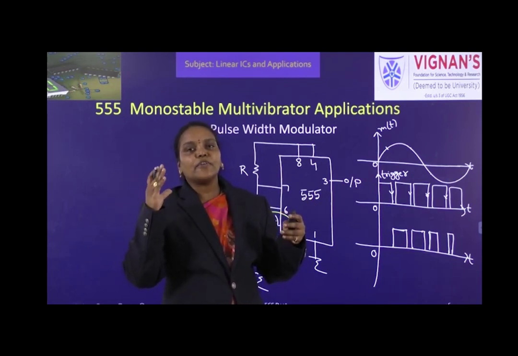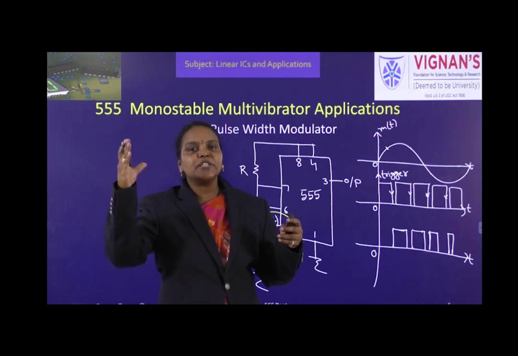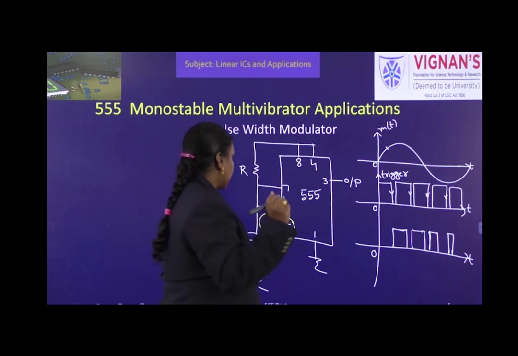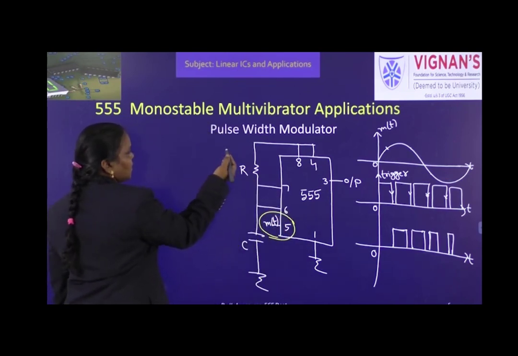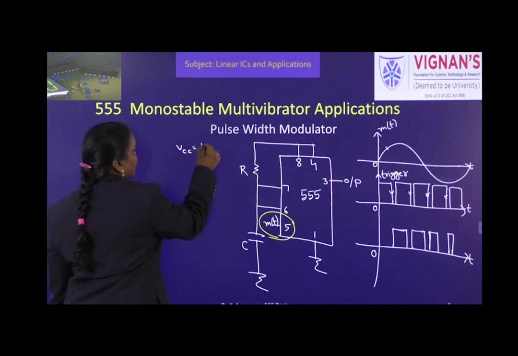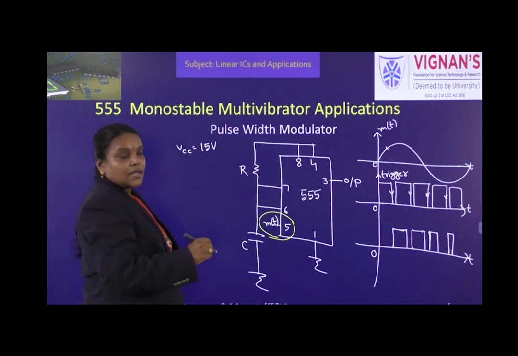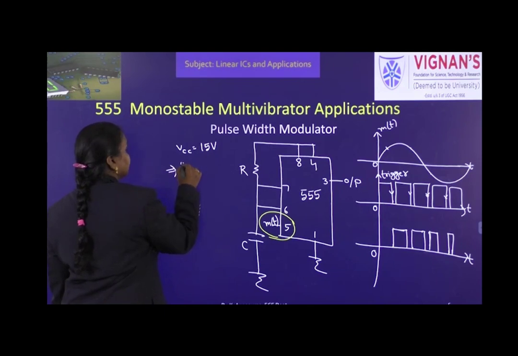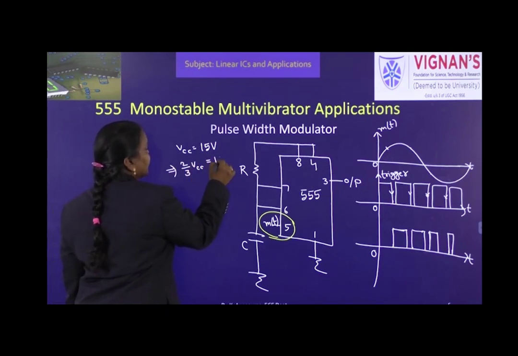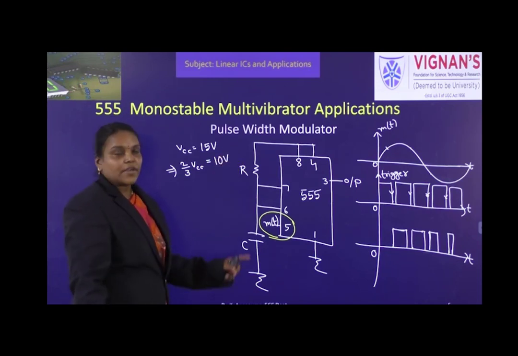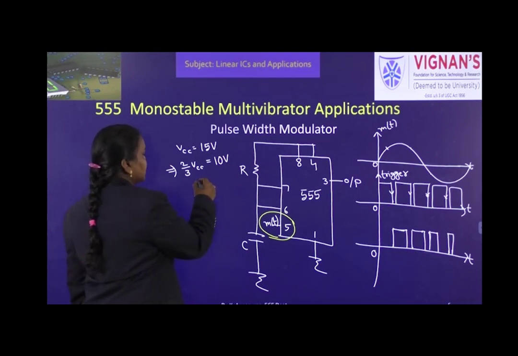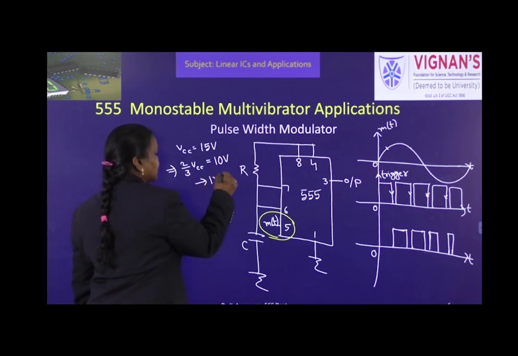So at that point of time it is having positive peak, means what happens? Positive peak means, for example, VCC, let us take, for your understanding I am taking 15 volts. Then what is 2/3 VCC? So 2/3 VCC means 10 volts. Okay, for the capacitor voltage to reach 10 volts, for example, it needs 1 millisecond.